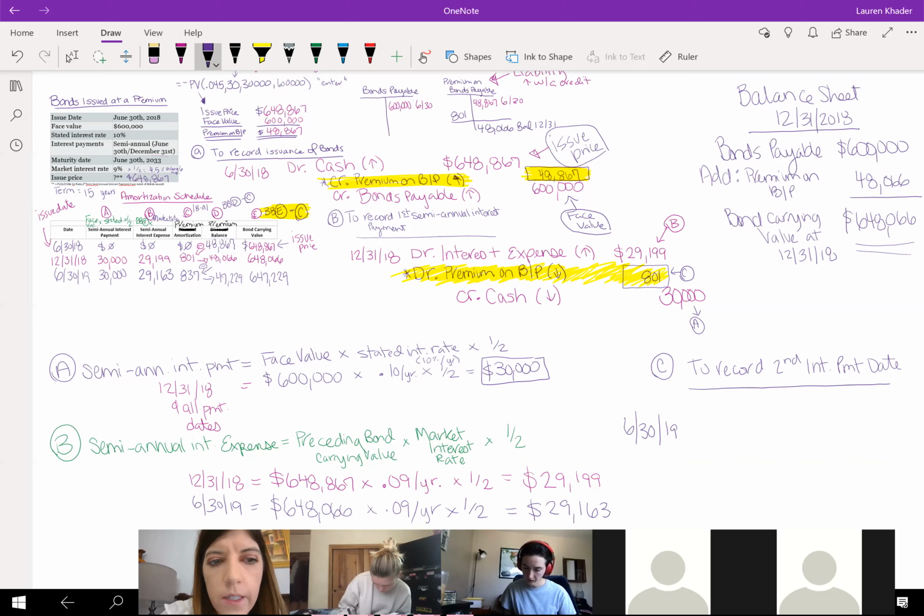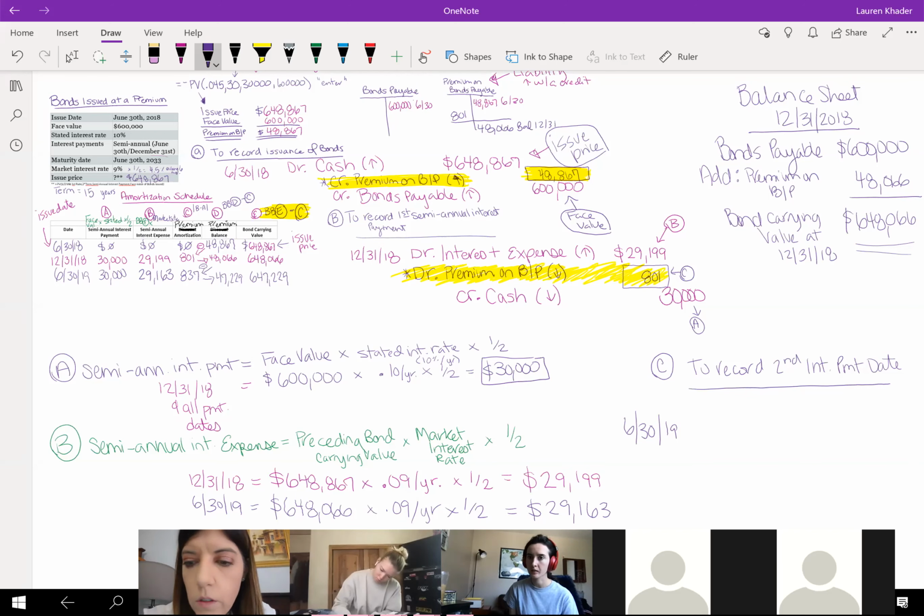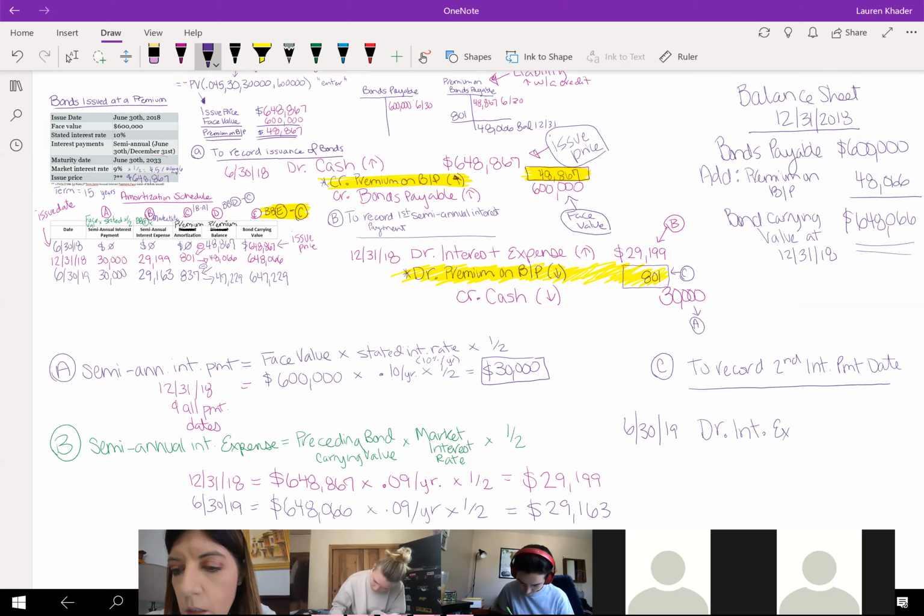Remember that our amortization schedule isn't in our accounting system, it's outside of it. So we have to record the journal entries. We're going to debit interest expense, increasing the expense, 29,163.